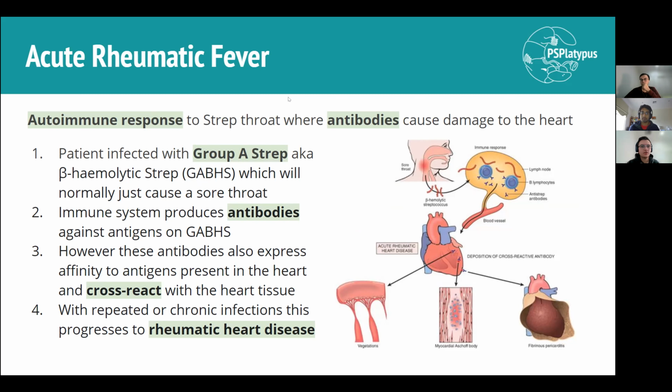But these antibodies also target the tissues in our heart. The antigens on the GABHS pathogen are very similar to the antigens on heart tissues, for example, the valves. So those antibodies can cross-react and cause damage to the host tissues. And if you have repeated or chronic infections, you keep getting strep throat time and time again, you can develop rheumatic heart disease, which can be quite fatal. So again, this is something that should be screened early.